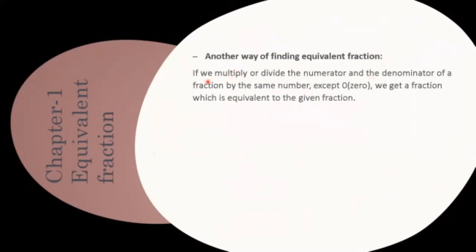If we multiply or divide the numerator and the denominator of a fraction by the same number except 0, we get a fraction which is equivalent to the given fraction.